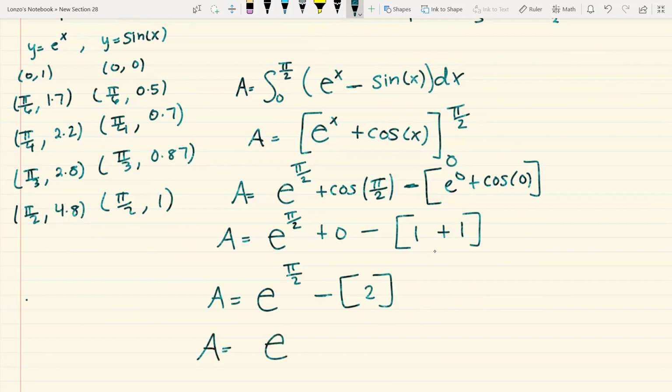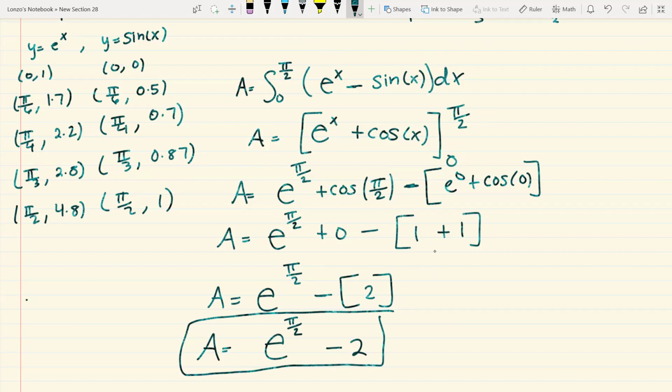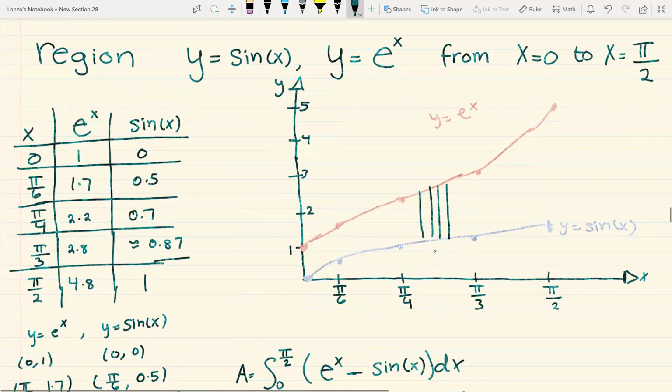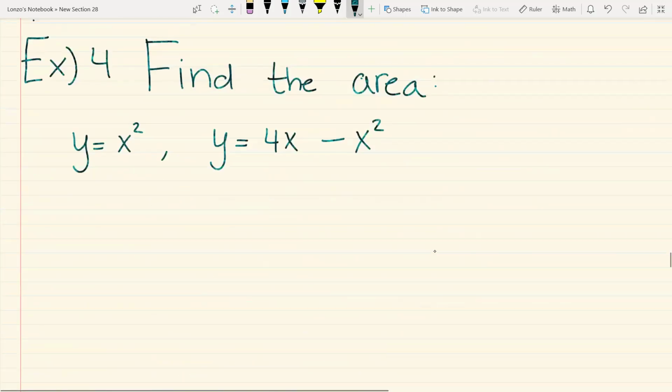That's e to the pi halves minus 2. And that is your answer. We'll just keep it as an exact value. Okay, so that was example 3. Let's move on to example 4.